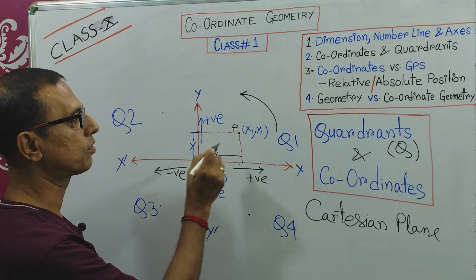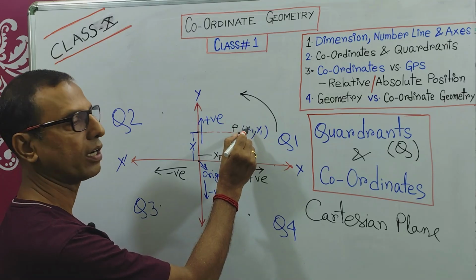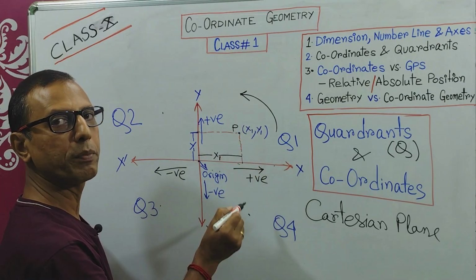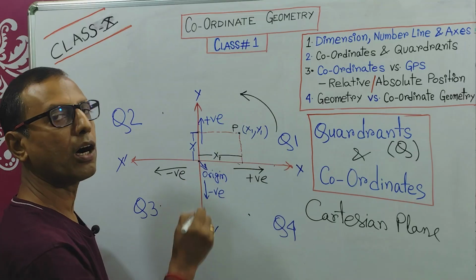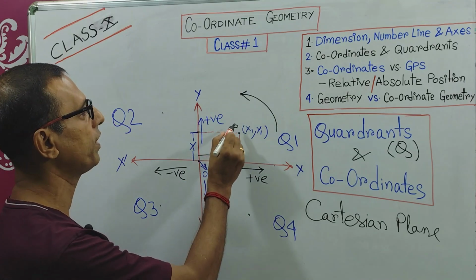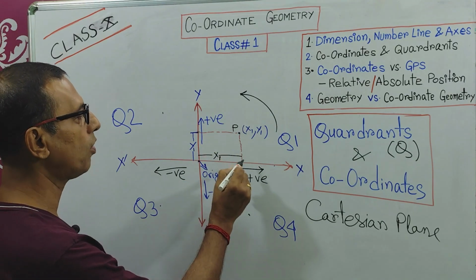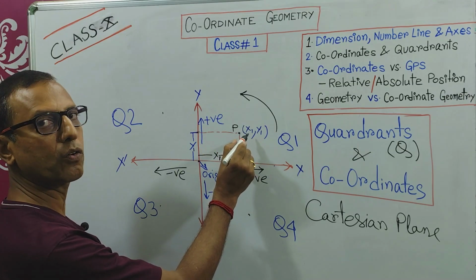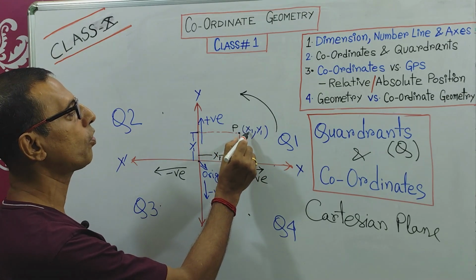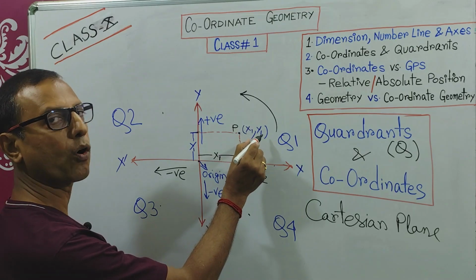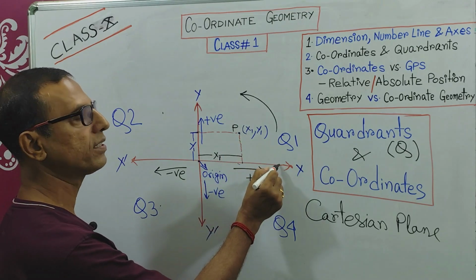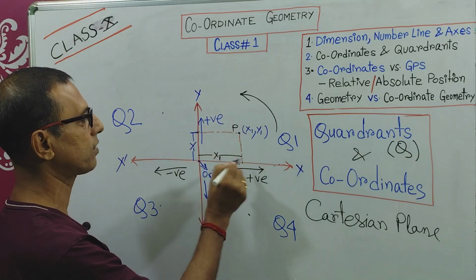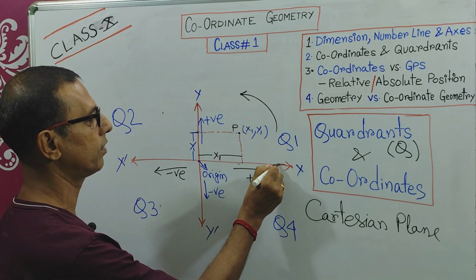This is the ordinate. So first you mention the abscissa, second the ordinate. That is how you mention the coordinate for a particular point. So now you can see, if the point lies in quadrant 1, then both abscissa and ordinate are positive, because this is the first quadrant.